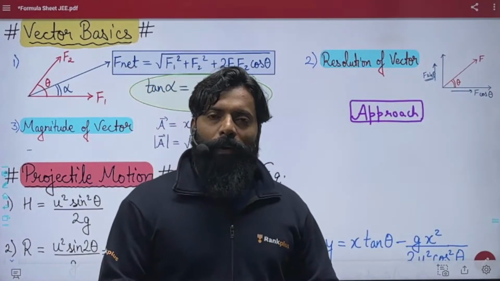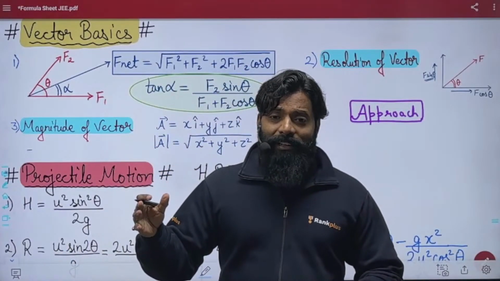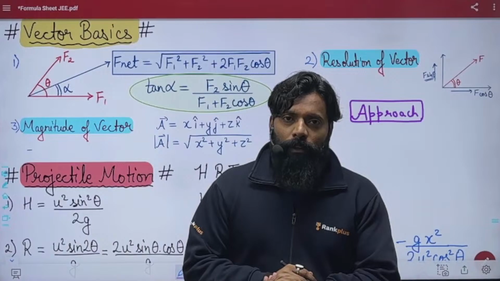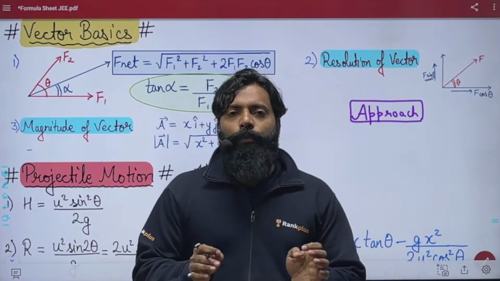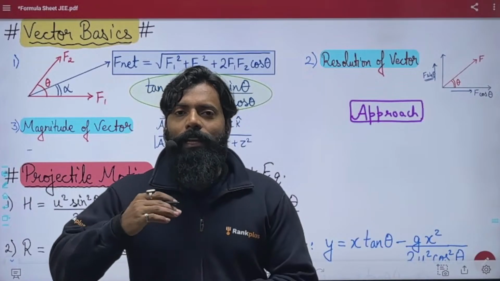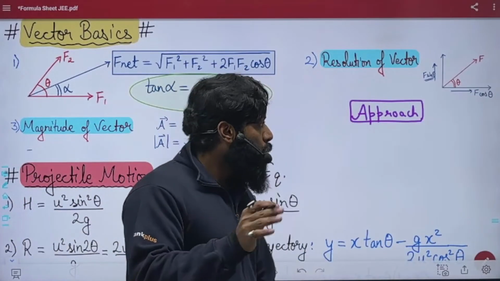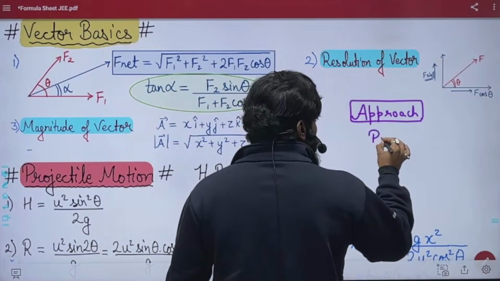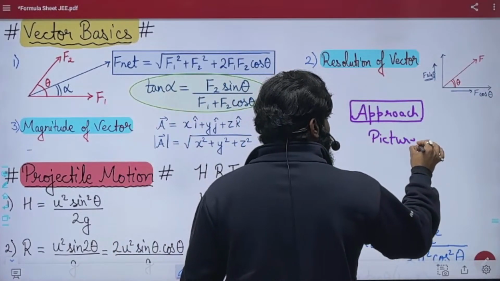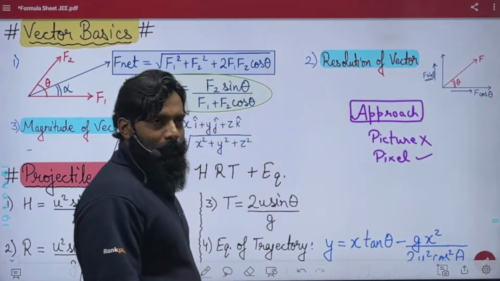Because in physics, you will find that there are multiple concepts that might confuse you, right? But there are very few approaches in physics that you can use in any number of questions. And I'll teach you in that way. So the approach is, whenever you are seeing any picture, you do not have to see the picture, you have to see the pixel. See the pixel.